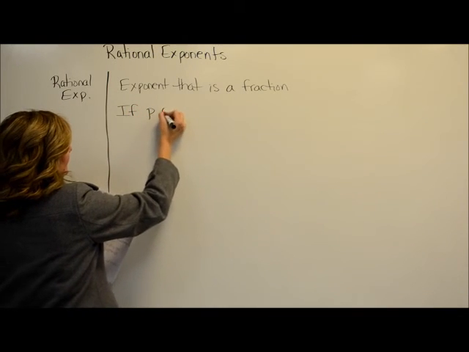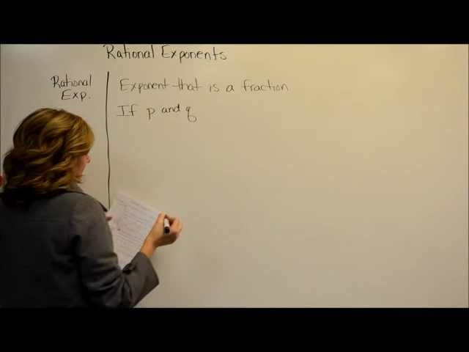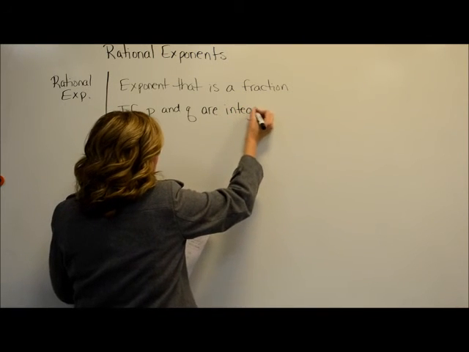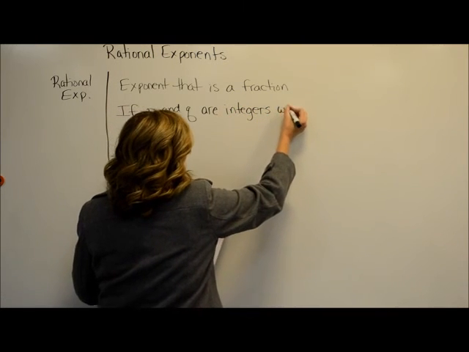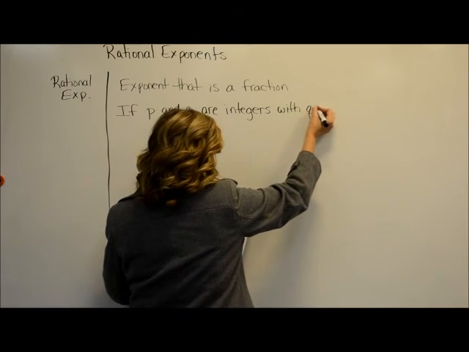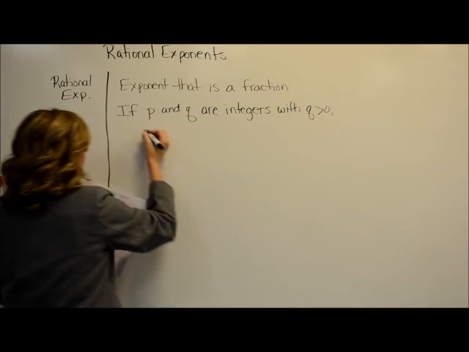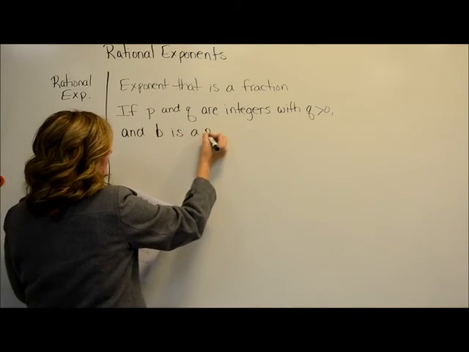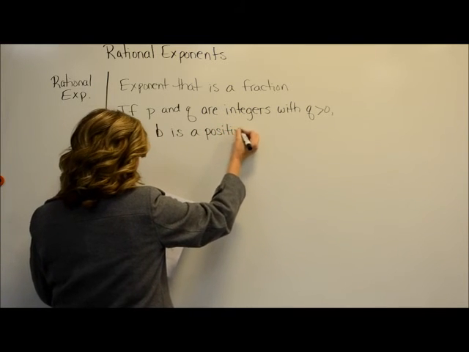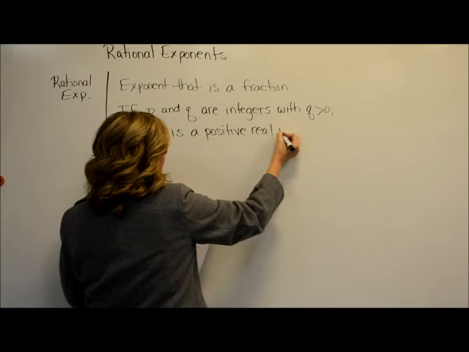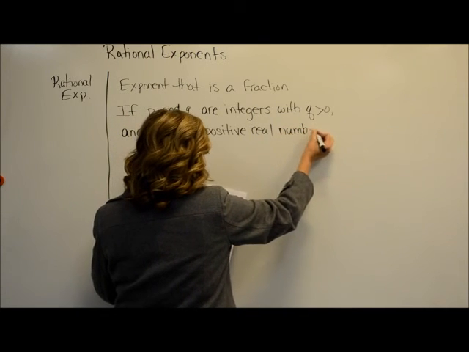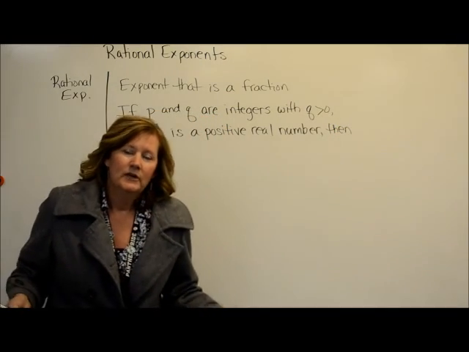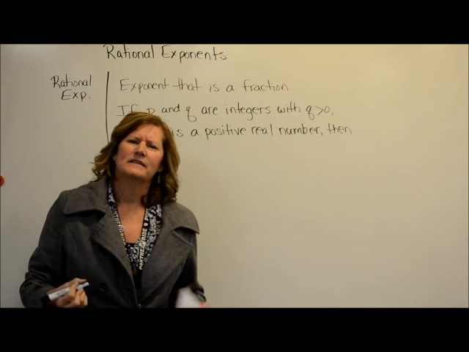If P and Q are integers, and I'll explain it when we're done writing, with Q being greater than 0 and B is a positive real number, then, okay, pause the video, get all that written down so that I can explain it to you.